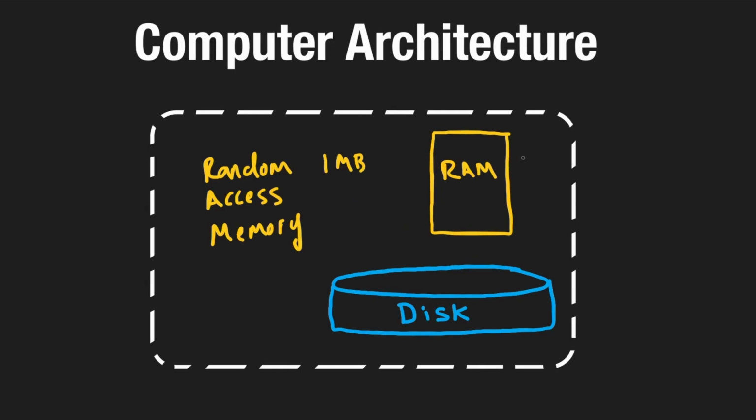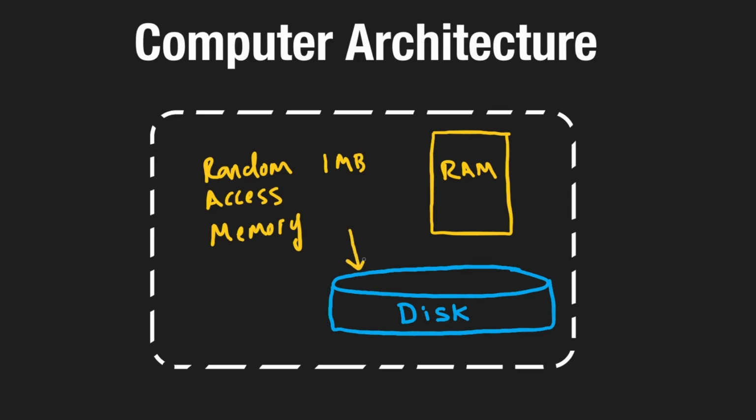So in general, reading and writing from RAM is measured in terms of microseconds. We're not going to get super precise because you don't have to memorize exactly how quick it is. But what I'm trying to get across is that reading and writing from RAM is a lot faster than reading and writing from disk. So while we can't store as much information in RAM as we can in disk, because at least that's generally the case, the benefit is that RAM is quite a lot faster than disk.